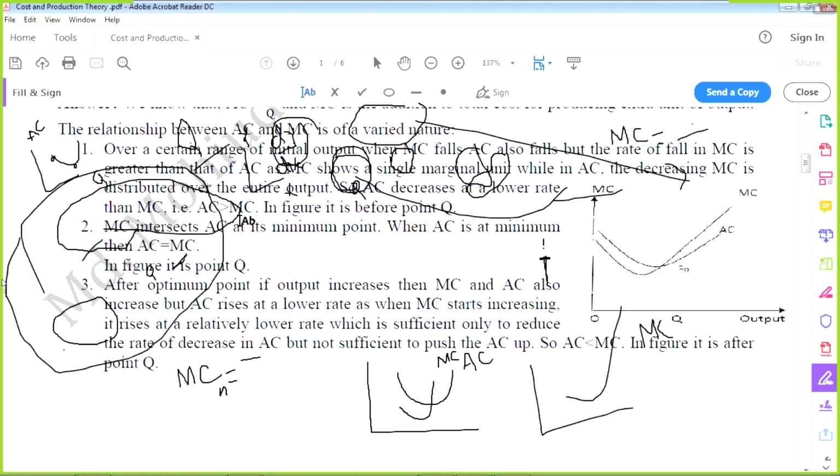Yes, sir. So mathematically we are proving it, and graphically we are proving it. Obviously the graphical proof and mathematical proof must be the same. We have found it is the same. Clear or not?